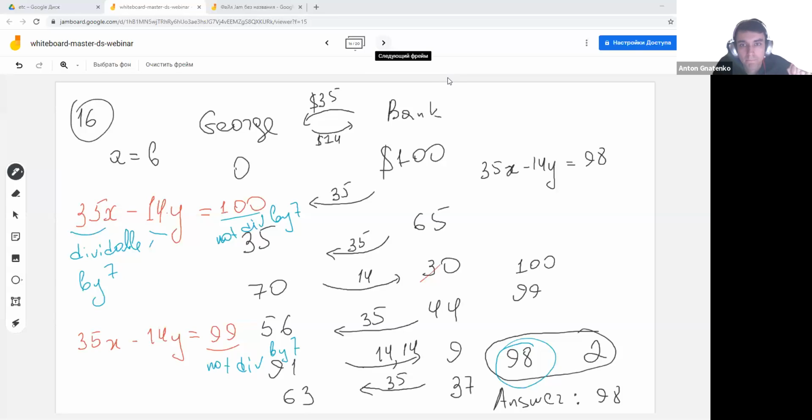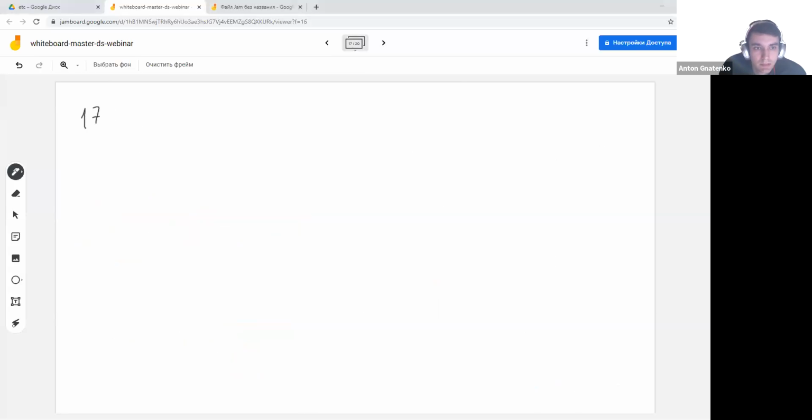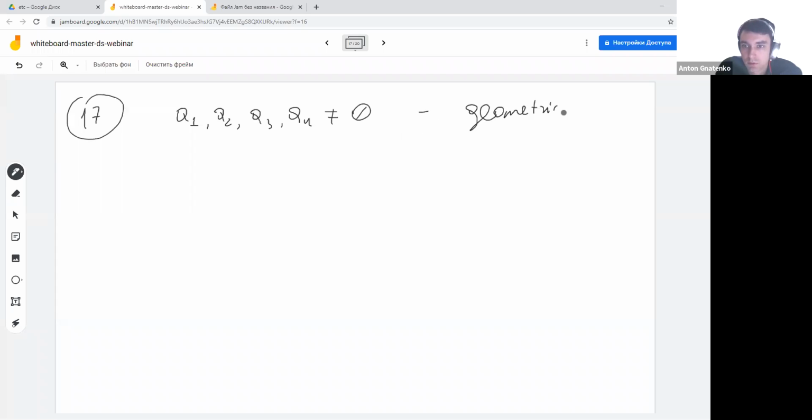Okay. The next problem, 17. There are 4 non-zero real numbers, A1, A2, A3, A4, all not equal to 0. Nothing is said about them being greater or less. Just non-zero real numbers, which form a geometric progression.